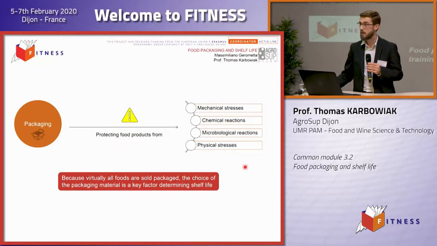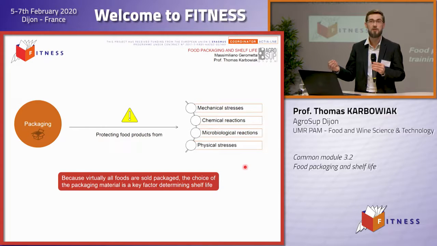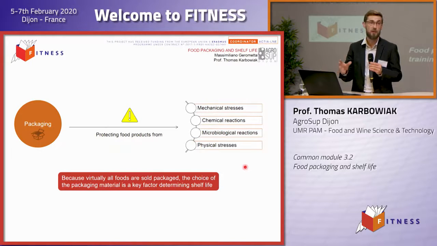When I started as a food engineer in the industry, I was not aware of food packaging, and it was quite difficult to discuss with suppliers. It's an important part of your job to select the good packaging for the food. That means you have to adjust the food packaging properties to the food properties. So it is really good for food scientists to be able to make the link between the packaging and the food.